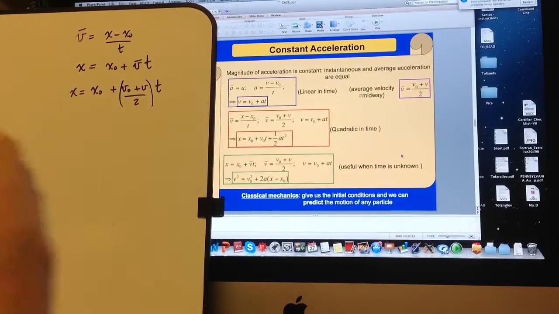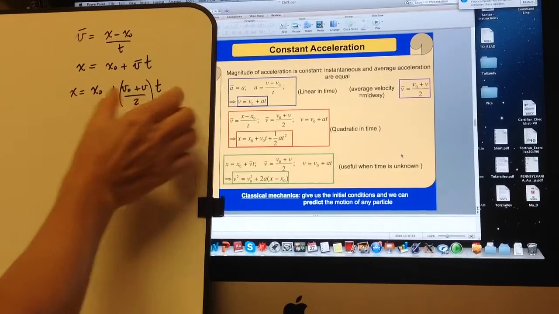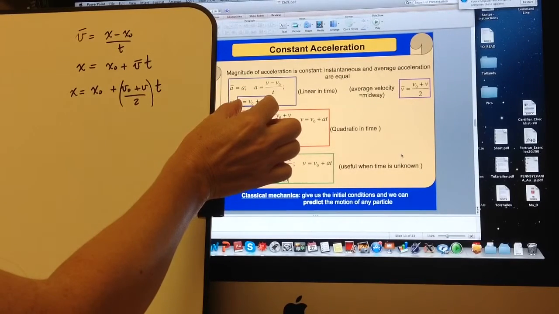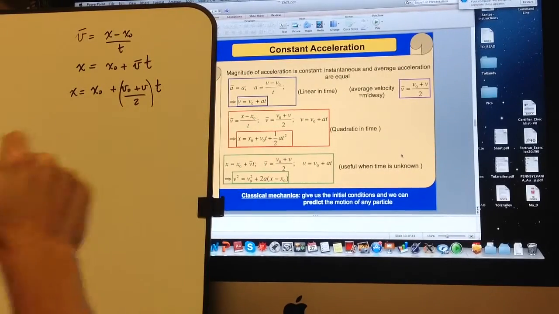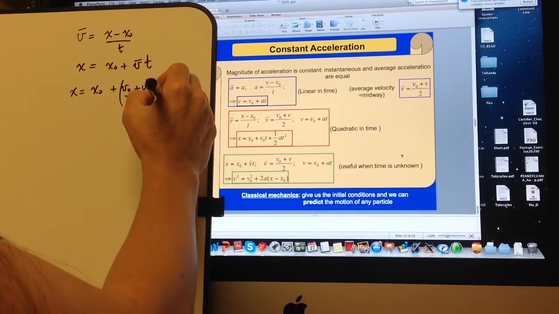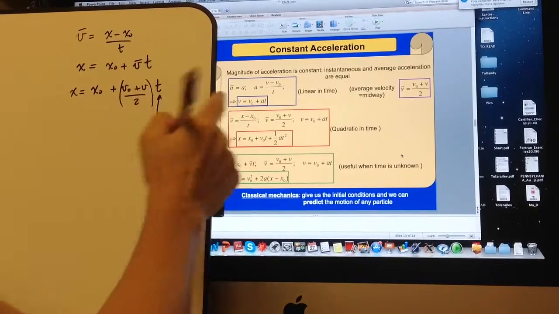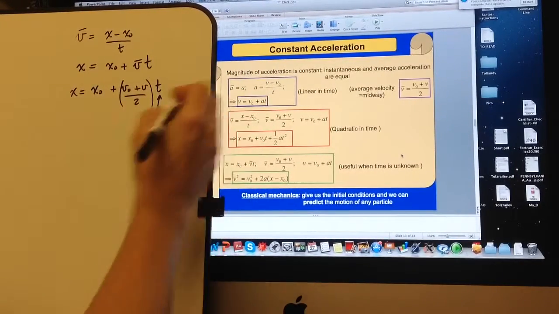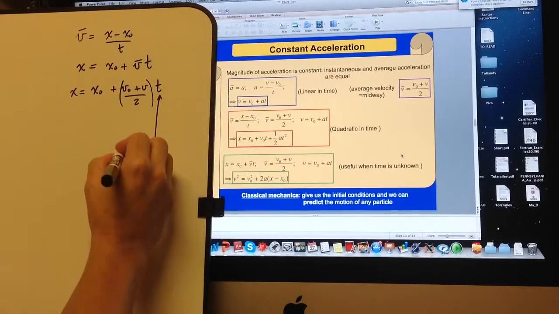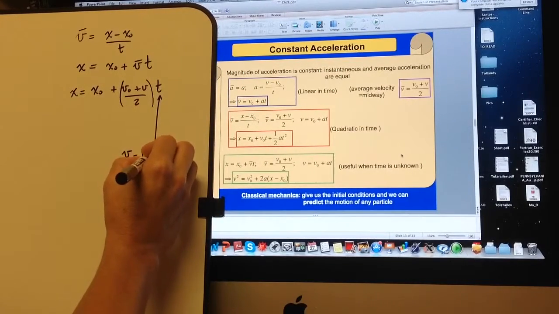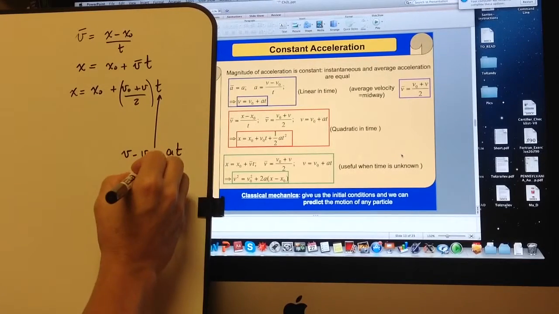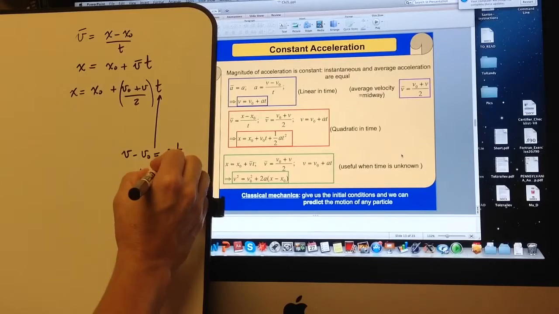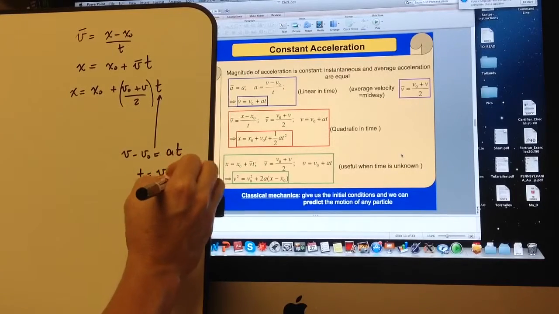So what I'm going to do is, I arrived at this point, and I'm going to use the other equation that I have for velocity to get rid of time. I'm going to substitute this time with this equation. I'm going to rewrite this equation for velocity as v minus v naught is equal to at, which I can rewrite as t is equal to v minus v naught divided by a.